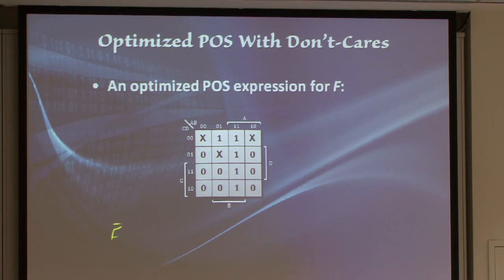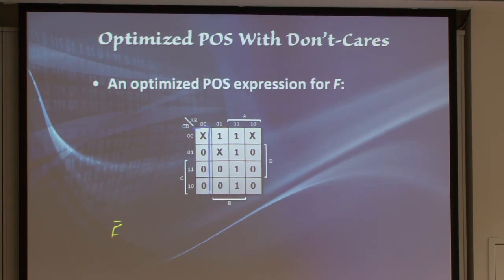This is to show you how good don't cares can help us. You can have this 0 here, and you start grouping it. You're looking around, what can I group it with? And then you realize you can actually go all the way up, group these, and wrap around here, and form a really large group that captures almost all of our zeros by utilizing those two don't cares.